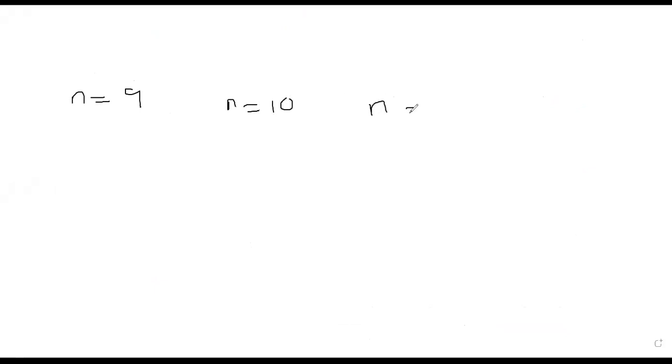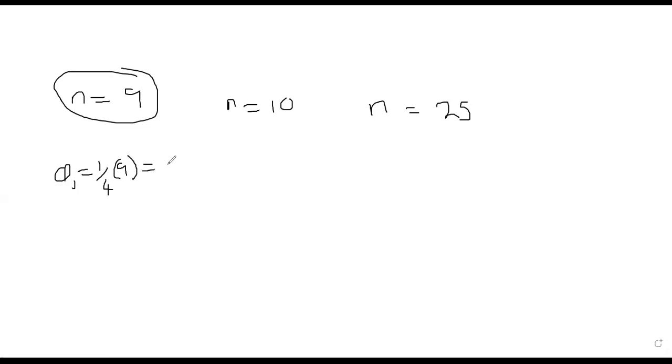Let's start with such numbers. If we have 9 elements, how do you find the first quartile? It's a quarter of 9. We get 2.25. Since there's a decimal point here, the position is the third position.